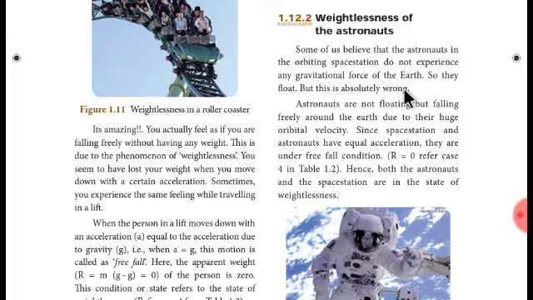When I was studying in 10th, I also thought that they are floating because there is zero gravity, and in Tom and Jerry also they say that the gravity is zero and we need to provide artificial gravity to stand there. So it is not true that the gravity is zero or there is no gravitational force by the earth on them.